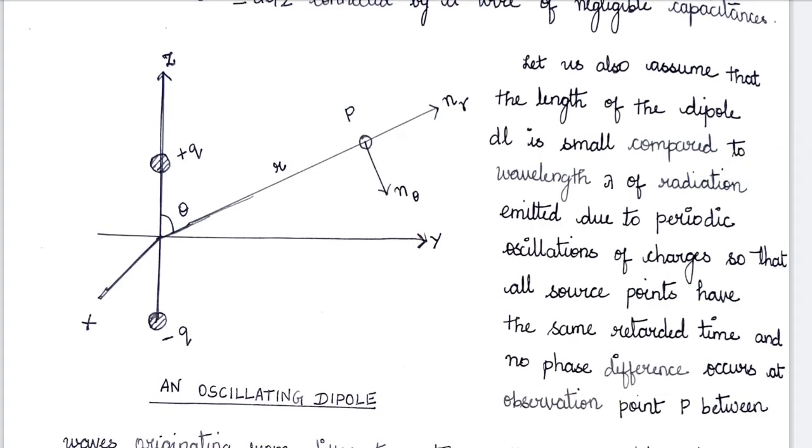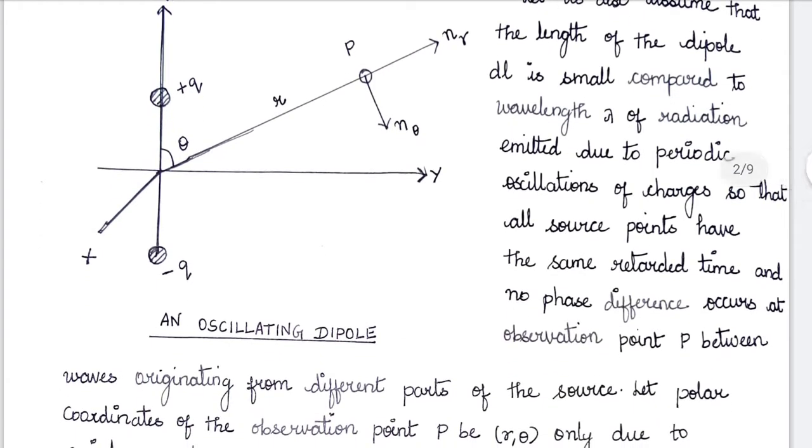Also, let us assume the length of the dipole dl is very small compared to the wavelength lambda of the radiation emitted due to the periodic oscillation of the charges. This means that all the source points have the same retarded time and no phase difference occurs at the observation point P between the waves originating from different parts of the source.